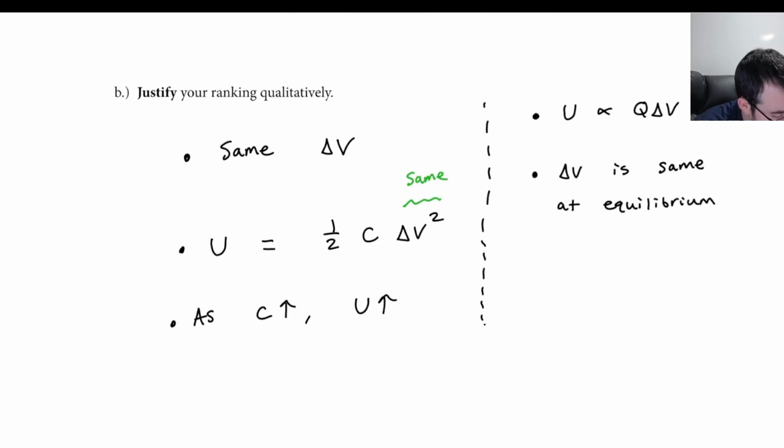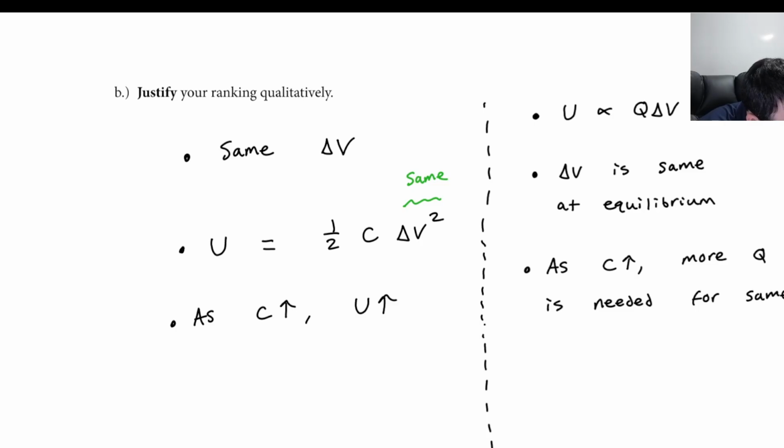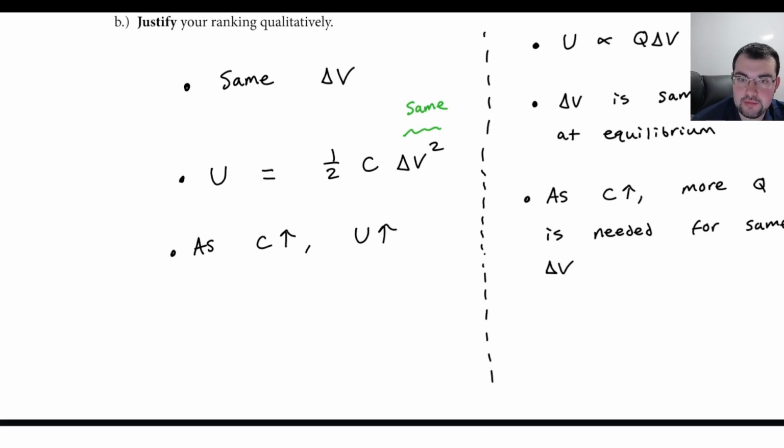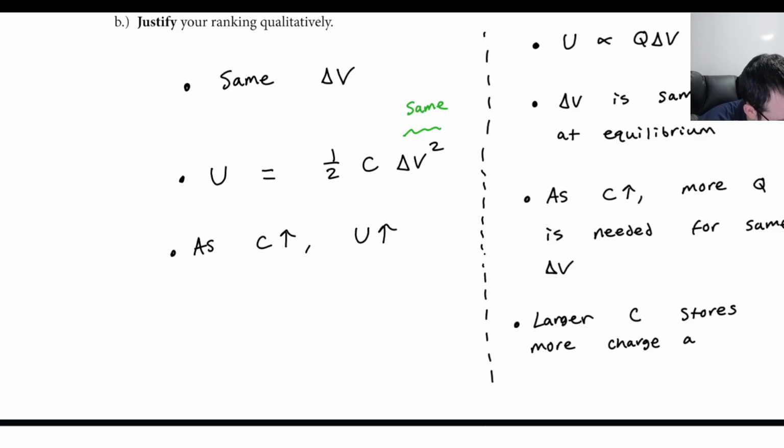So if delta V is the same in equilibrium, we also know that as C increases, more charge is needed for the same delta V. So that means a larger C stores more charge at the same delta V, so U increases.